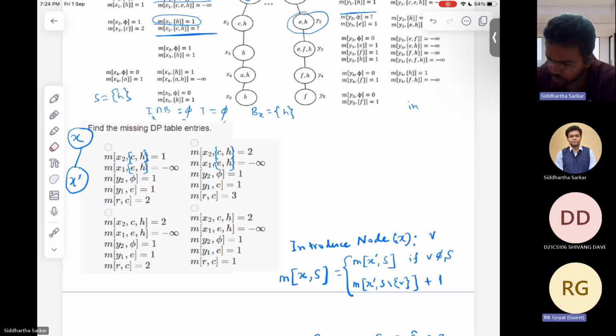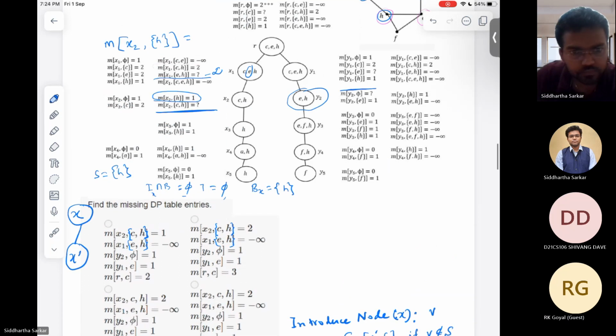So the recursion rule, which is in the book, in the description of the algorithm, is the following.